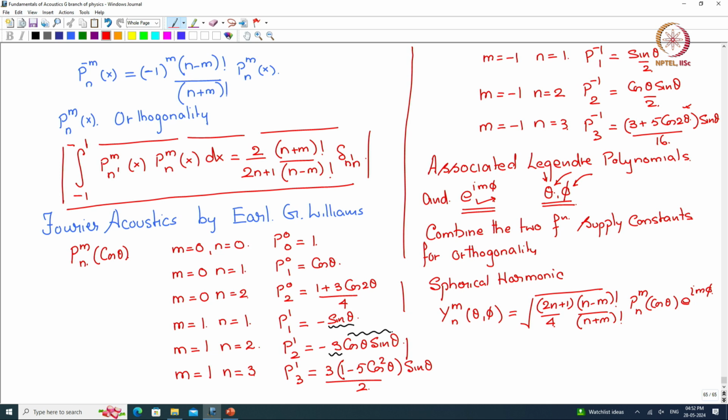Okay. So now we will have the chance for a negative index also. So how are they related? Y_n^{-m}(theta, phi) is equal to (-1)^m Y_n^m(theta, phi), with a conjugate.